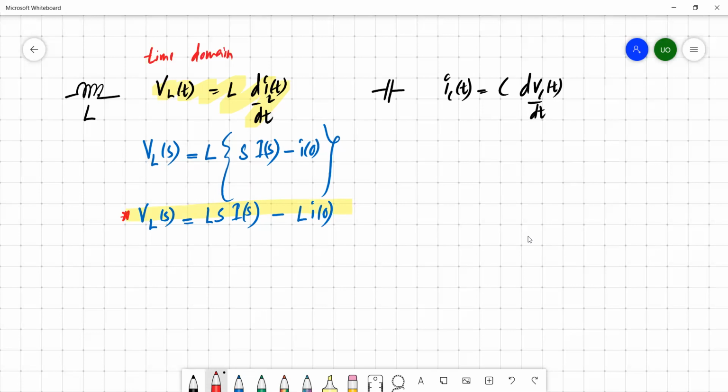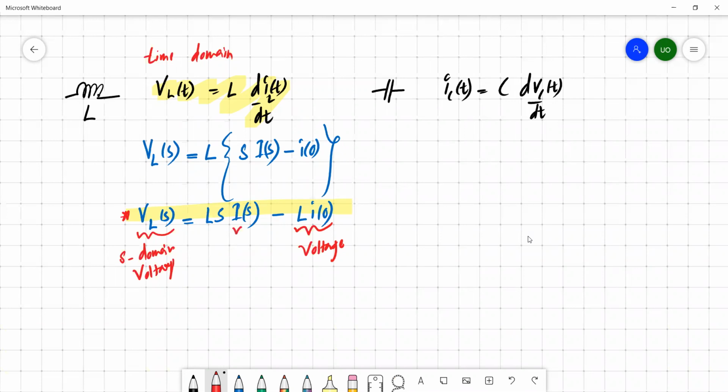So we have this S domain voltage, which equals L times S into Is minus L times I0. So this is an S domain voltage. Then this is also a kind of a voltage, otherwise you cannot just add and subtract. So L times I0 is also a kind of a voltage.